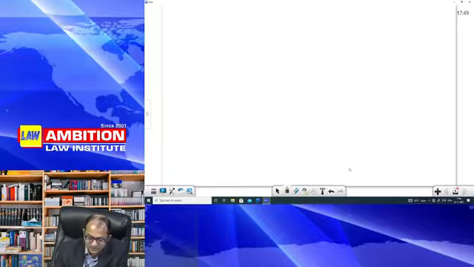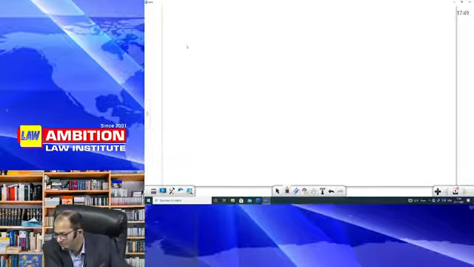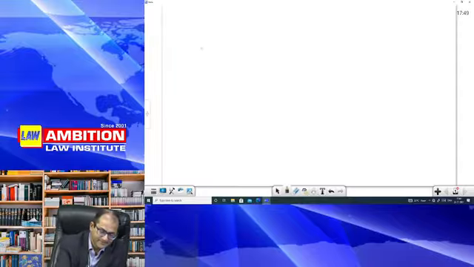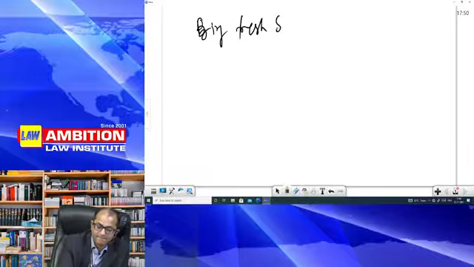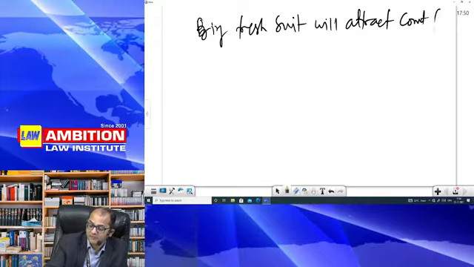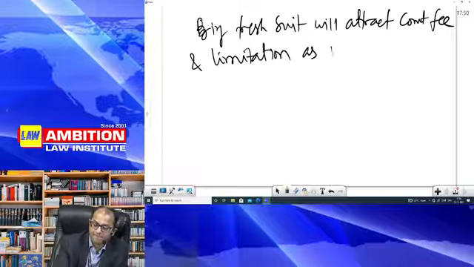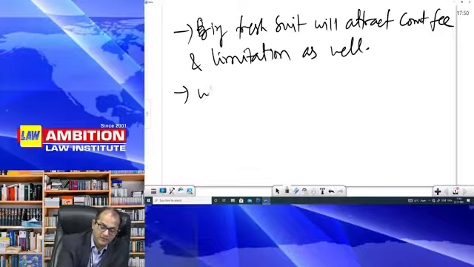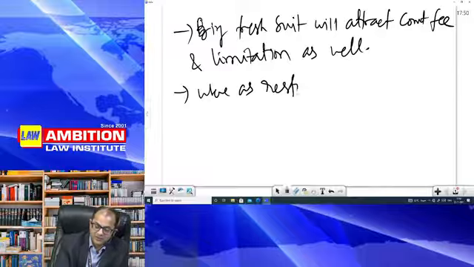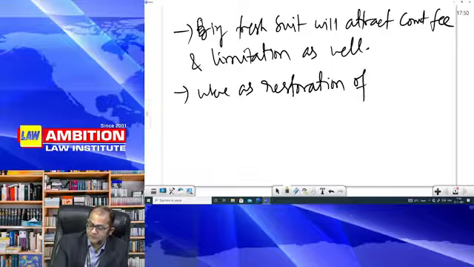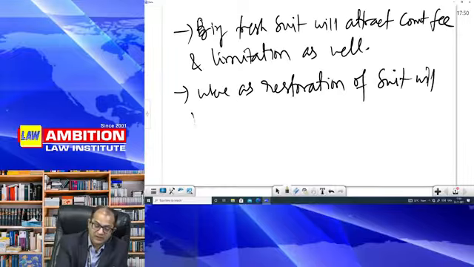Now, in such a situation, what will happen? If you want to bring a fresh suit, limitation will come into the picture and you will have to pay the court fees also. Bringing a fresh suit will attract court fee and limitation as well, whereas a restoration of suit will not attract this.